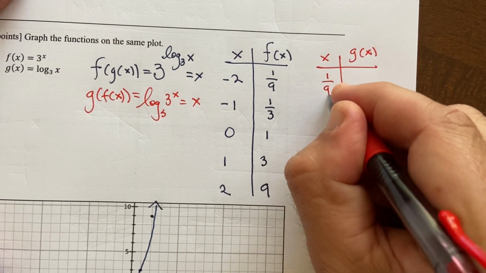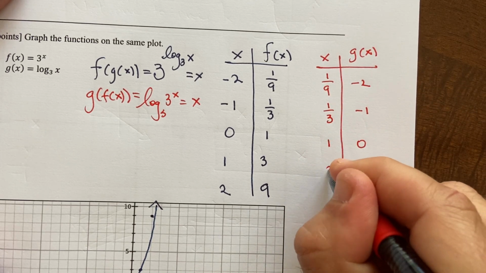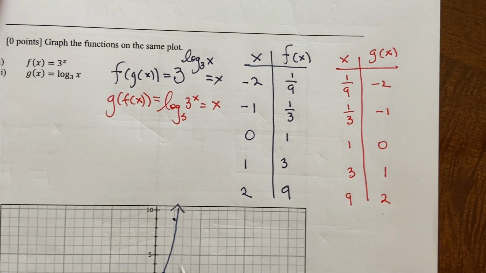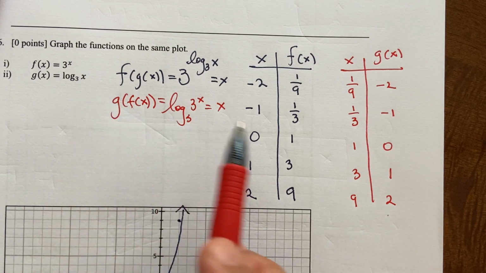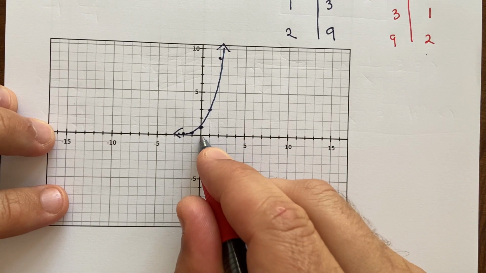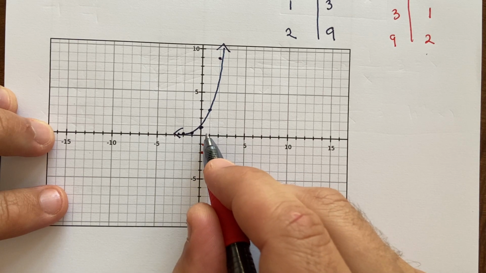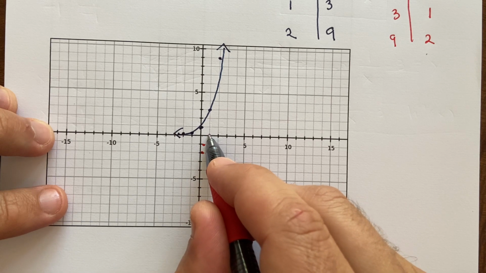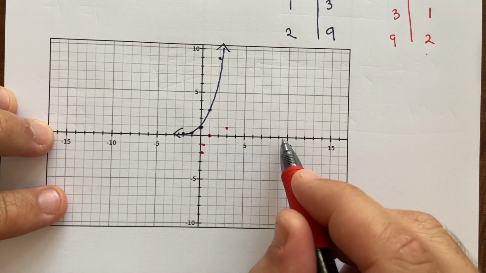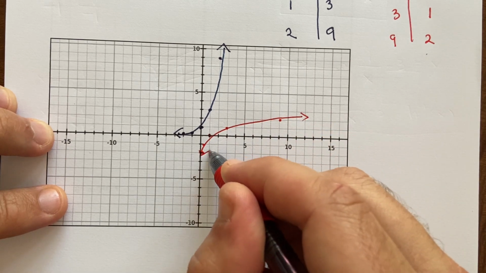So I could say 1/9, -2, 1/3, -1, 1, 0, 3, 1, 9, 2. And that's only if these are inverses. Okay, can you do that? So I can now plot these. So 1/9, -2, 1/3, -1, 1, 0, 3, 1, 9, 2. Okay.